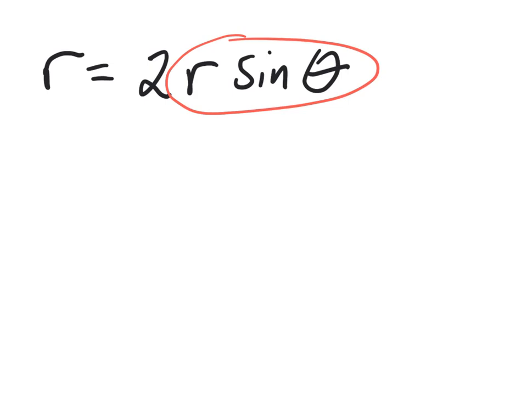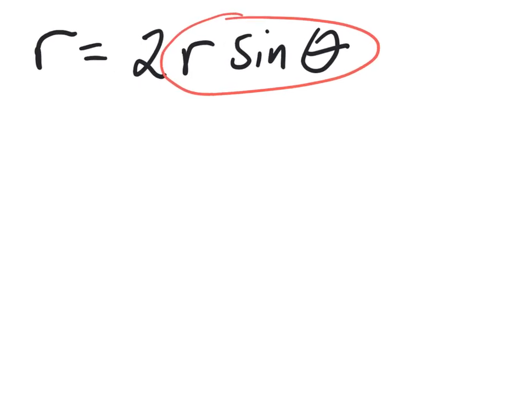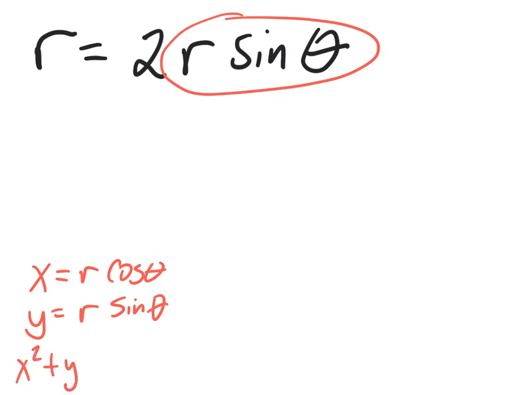What is that list? In fact, I'm going to give it to you right now. X is r cosine theta. Y is r sine theta. That's the one we needed for this. There's a few other things. X squared plus y squared equals r squared. And you could convert that equation over to just r. r equals square root of x squared plus y squared.